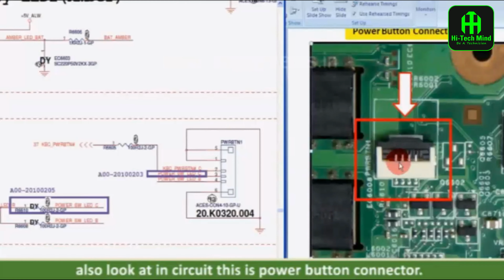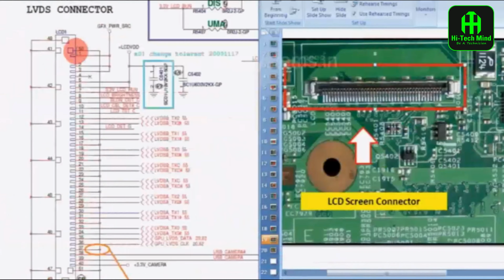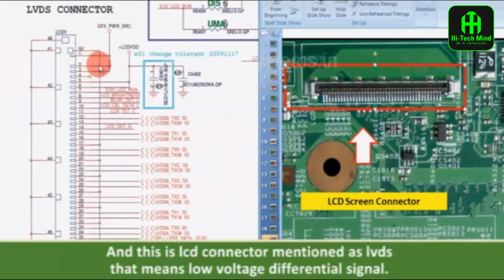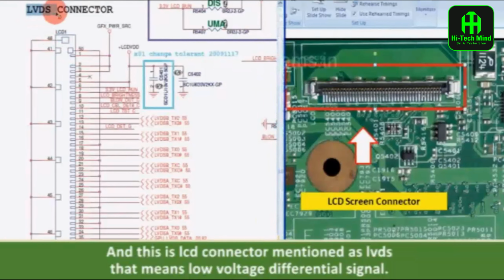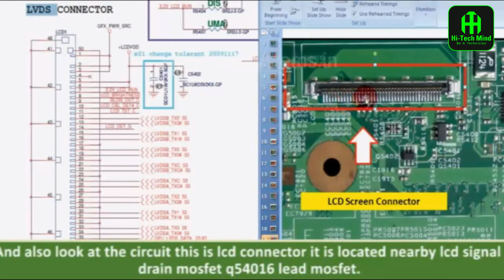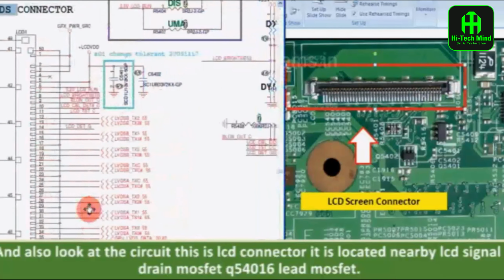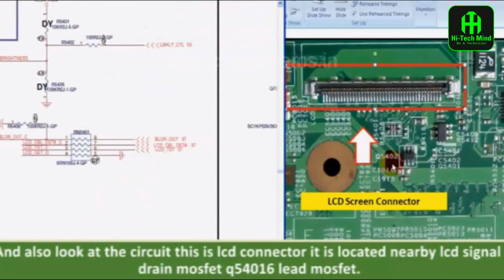Here we are seeing the LCD connector, and it is mentioned as LVDS, that means low voltage differential signal. And also look at the circuit, this is the LCD connector. It is located nearby the LCD signal drain MOSFET Q5401.